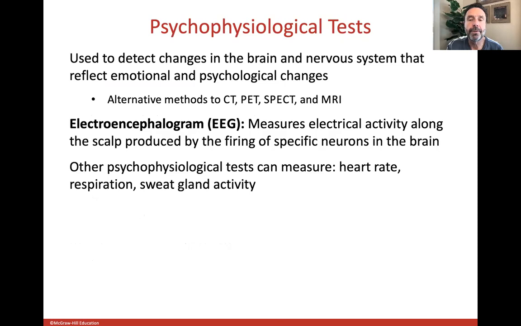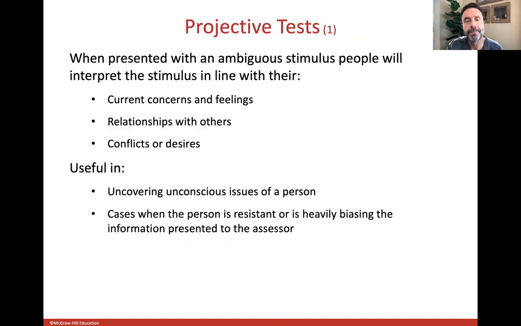Electroencephalograms are looking for any kind of electrical problems that might be happening in our brain, and can measure a lot of different other things, such as heart rate and respiration rate, things that kind of look like lie detector tests. Hooked up to that, you can look at a lot of the physiological aspects of people while they're being interviewed, or maybe even looking at pictures on a screen of a computer.